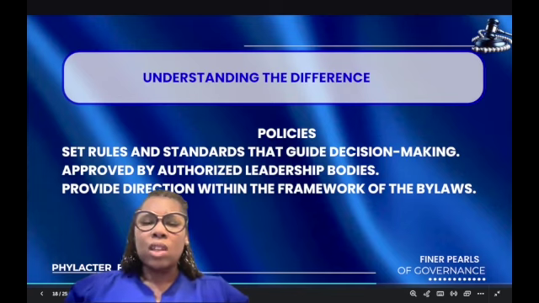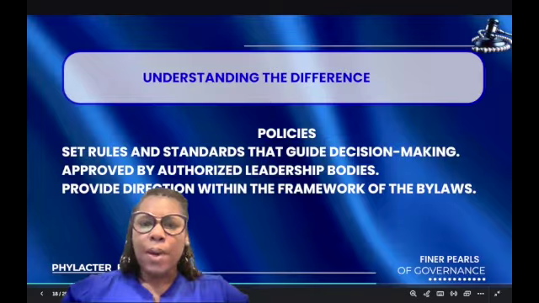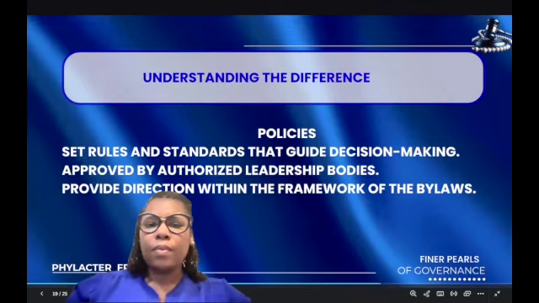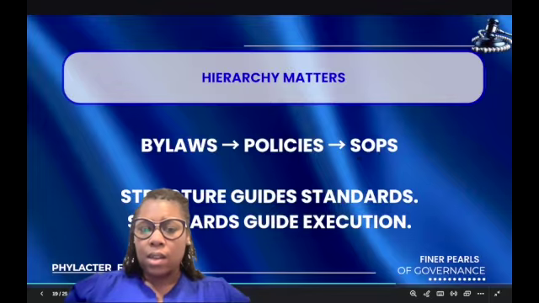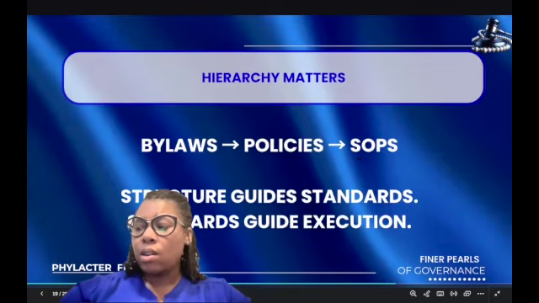They can be usually just like 1 page long. So they're not too long. If they become too long, then they're becoming basically SOPs. But if you look at the hierarchy, bylaws are over policies, policies are over SOPs. So our structure guides standards. Standards are going to guide our execution.